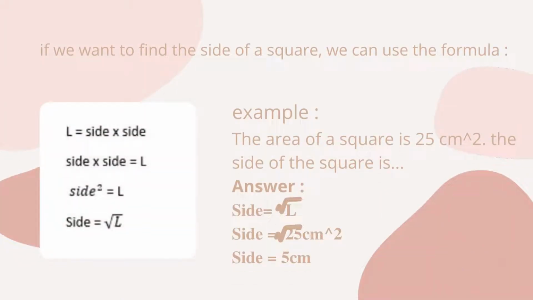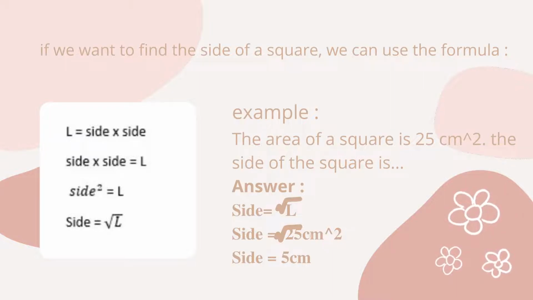Now, how to find the sides of a square? If we want to find the side of a square, we can use the formula: the side of the square is the square root of the area of the square. Where did the formula come from? Actually, the formula is obtained from the formula to find the area of a square, which is area of a square is side times side.